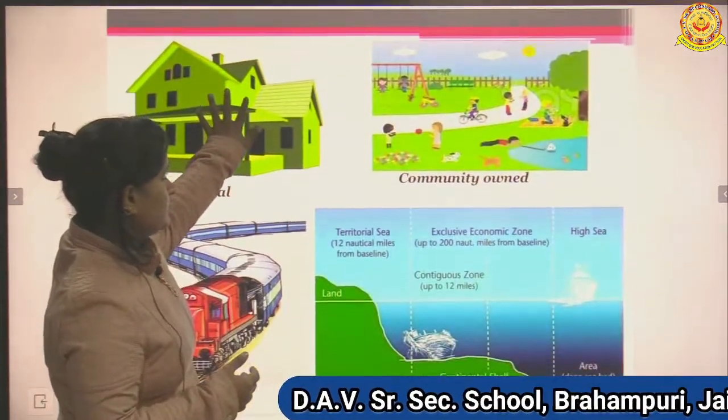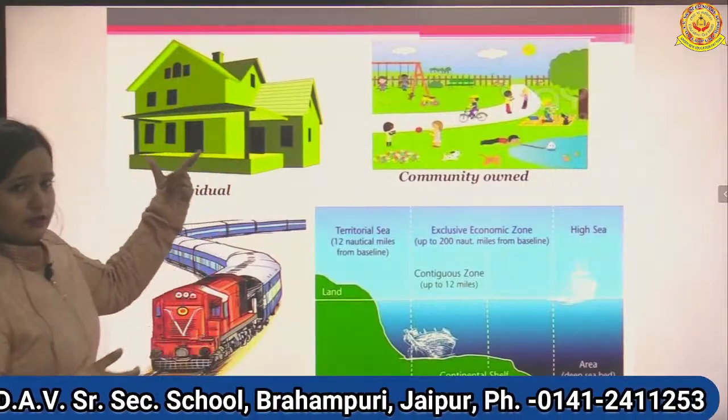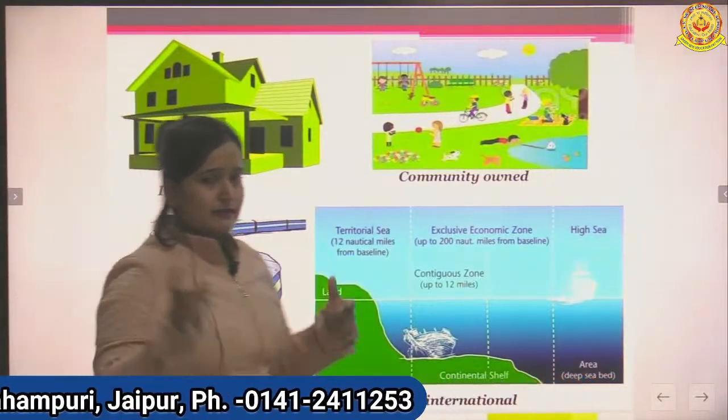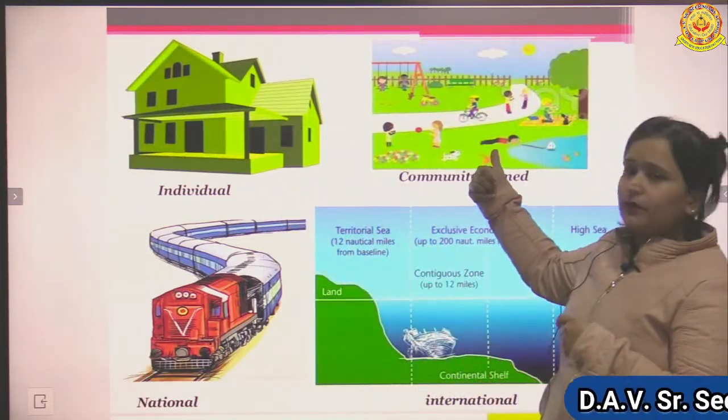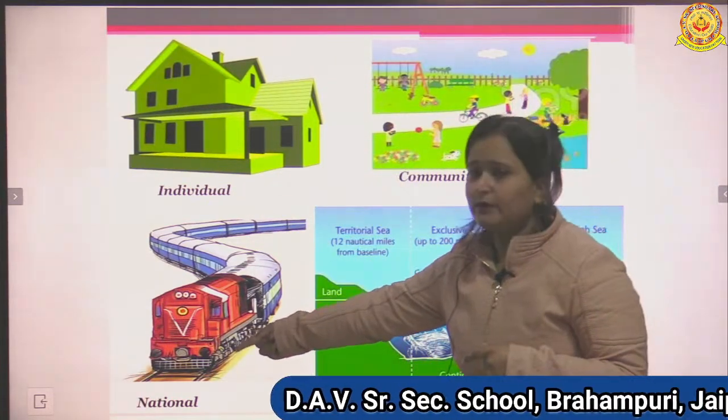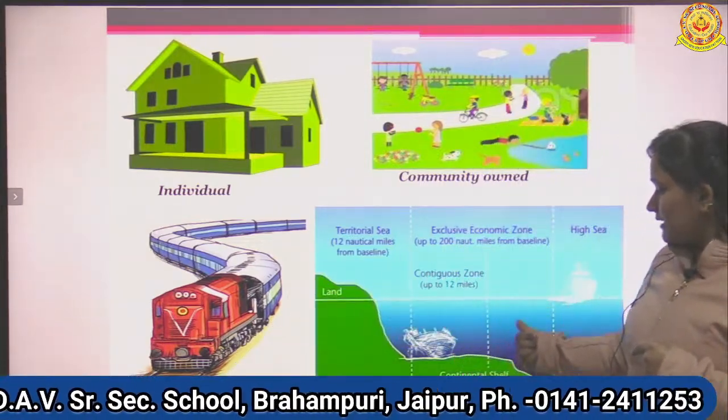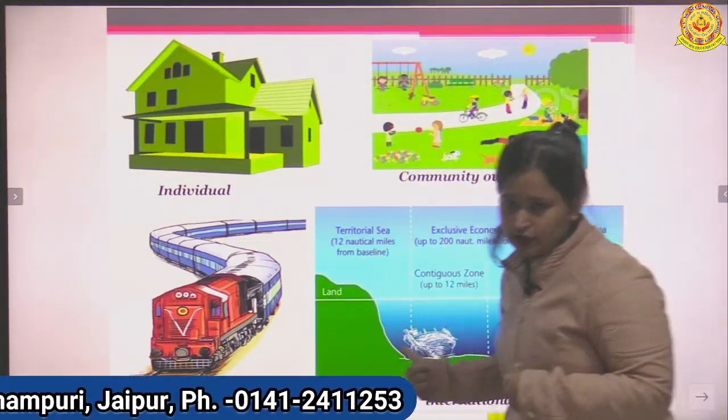As you can see in this picture, this is an example of individual ownership, this one community ownership, this one national ownership, and lastly this one international ownership.